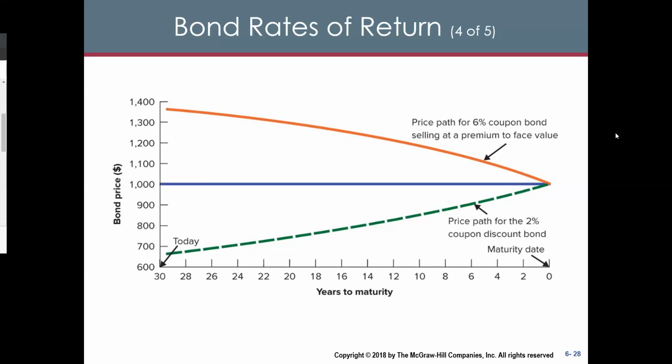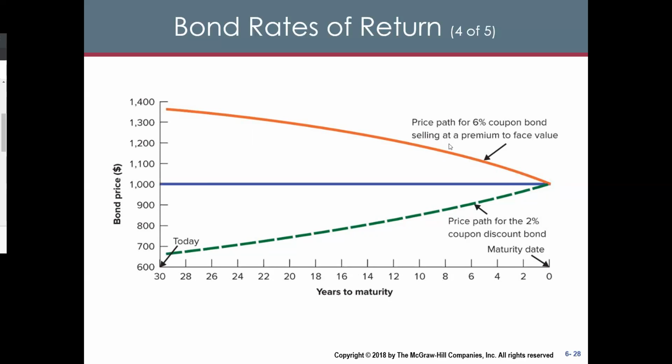At the end, say just 1 second before the maturity date, you will only receive the face value of 1,000. So at this time the bond price will also converge to the face value of $1,000. That's the reason why the bond price converges to the face value as the years to maturity decrease to 0.